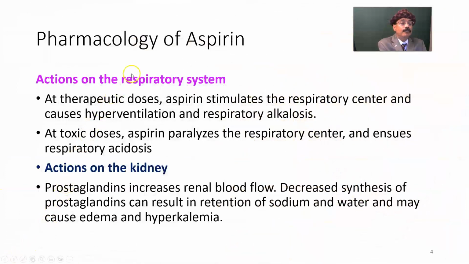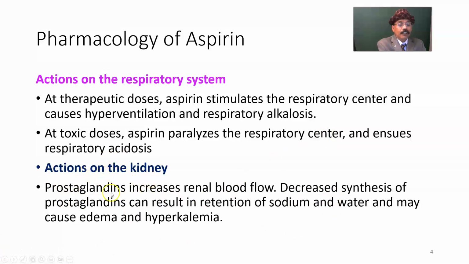Action on the respiratory system. At therapeutic doses, aspirin stimulates the respiratory center and causes hyperventilation, that is, an increased rate of breathing, and respiratory alkalosis because of losing carbon dioxide. At toxic doses, aspirin paralyzes the respiratory center present in the brainstem and causes respiratory acidosis.